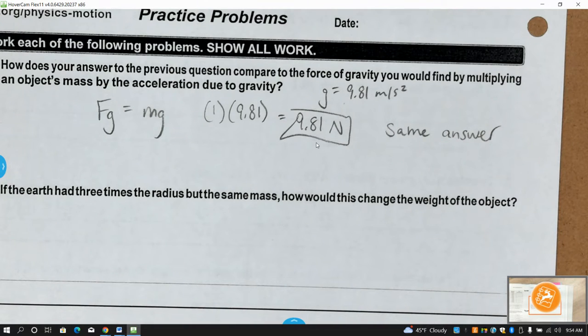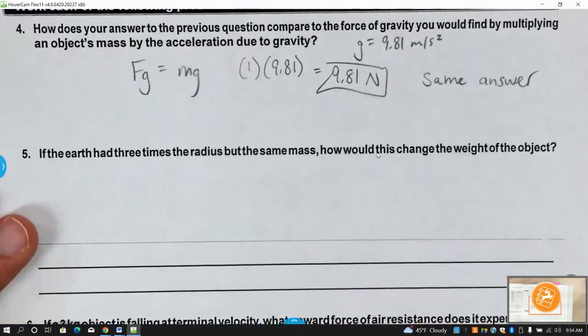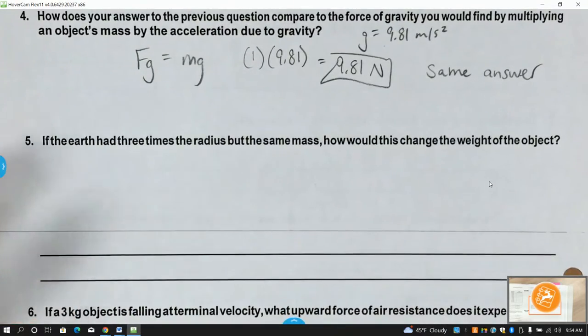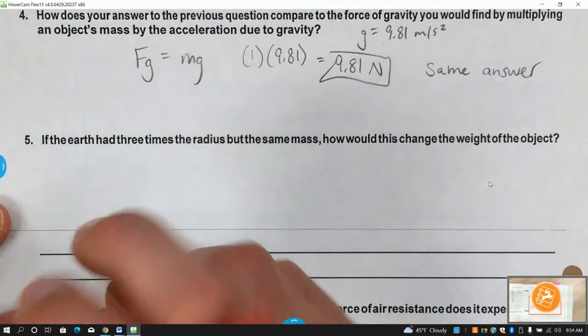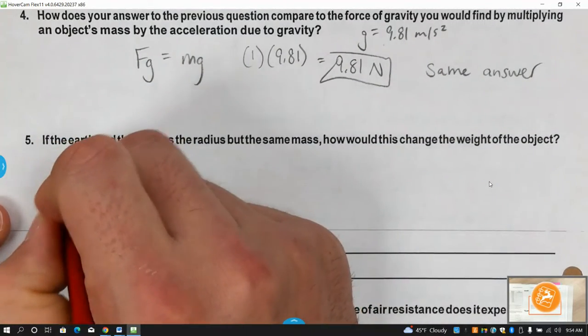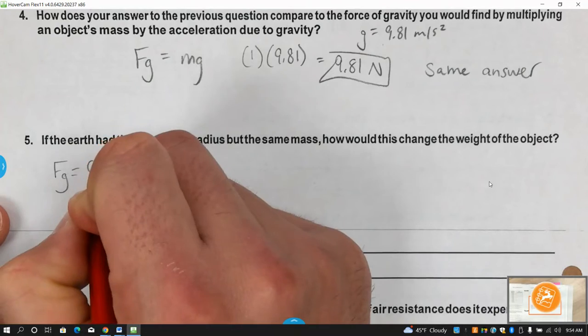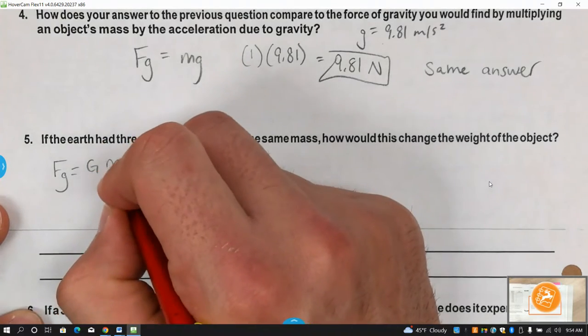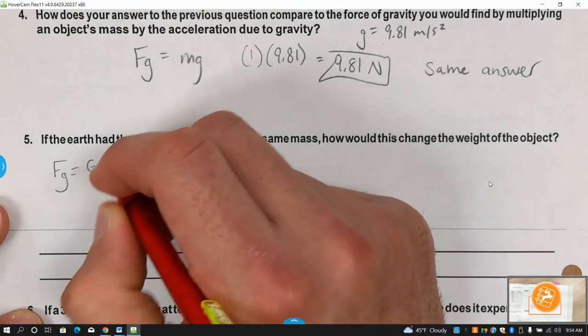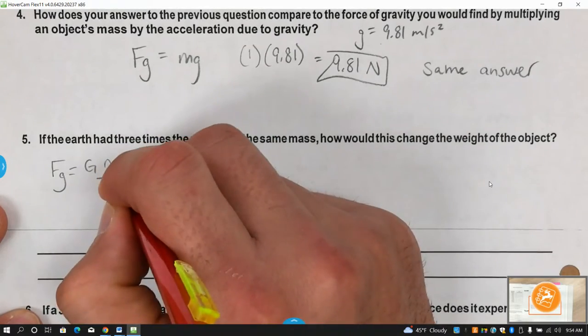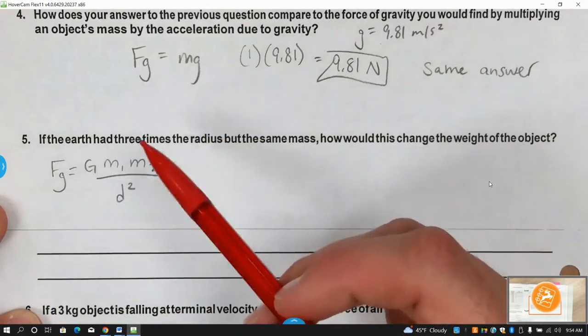Number 5. If Earth had 3 times the radius but the same mass, how would this change the weight of the object? Okay, again, Newton's law of gravitation: mass of the one object, mass of the second object times the constant over the distance between them squared.